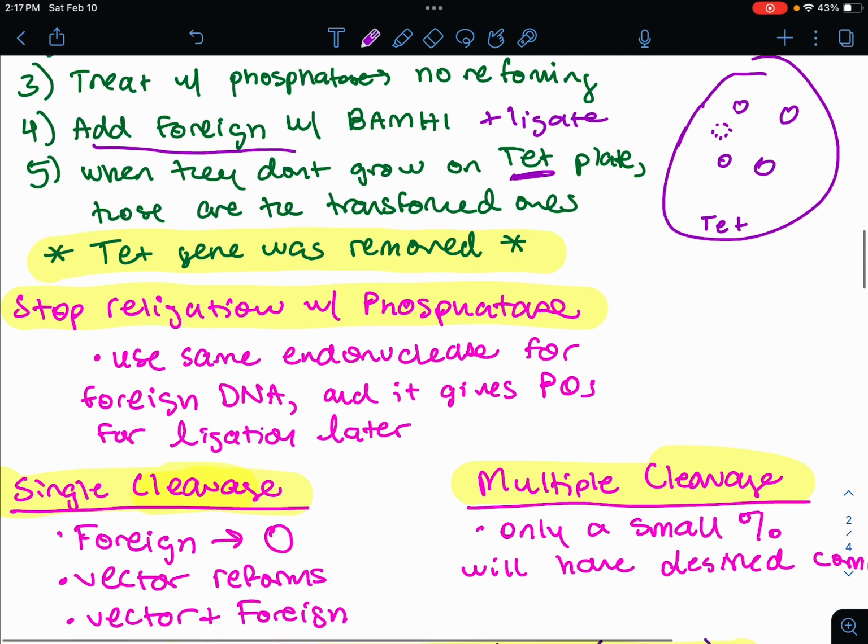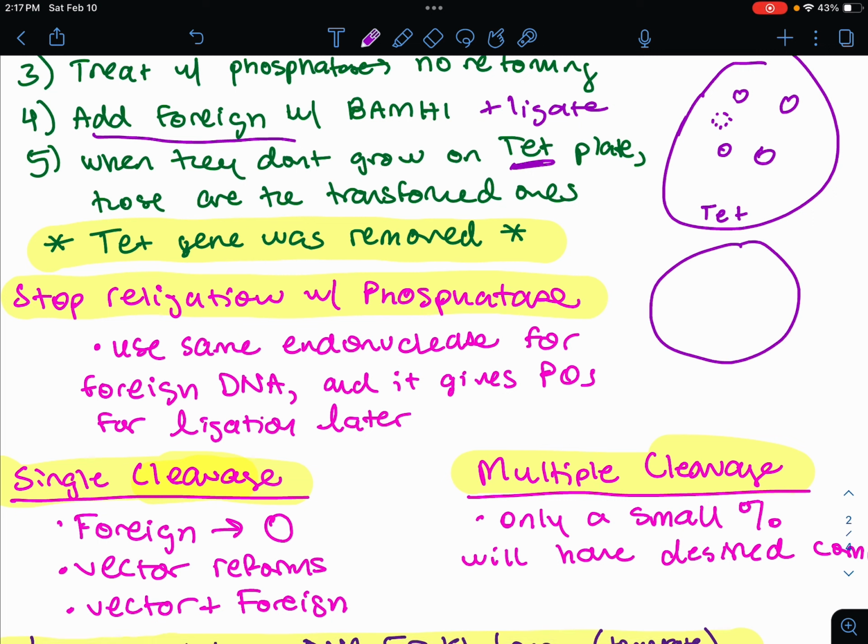We actually also have this ampicillin gene too, so we have another one. All of them will have this here because we didn't mess with that ampicillin section on the plasmid. So when we went to the TET plate, the tetracycline plate, we know we took out the tetracycline gene from the plasmid and we put something else. Hopefully we put something else there.